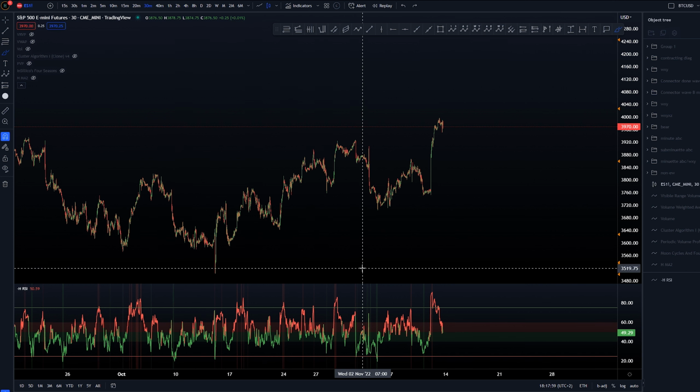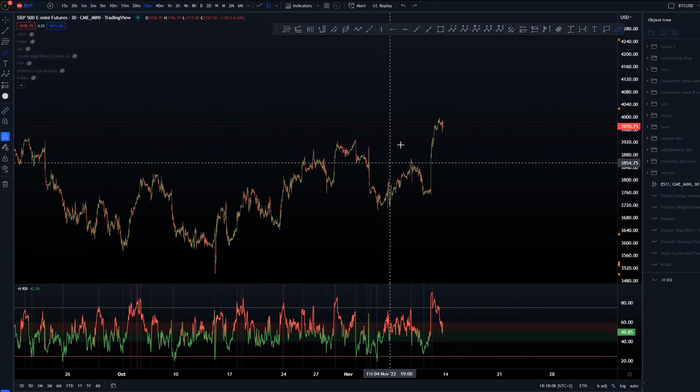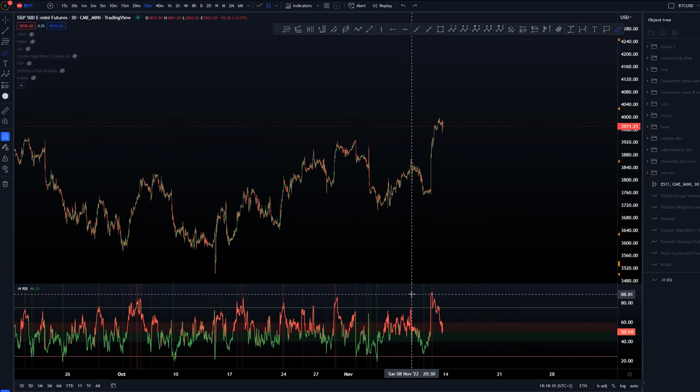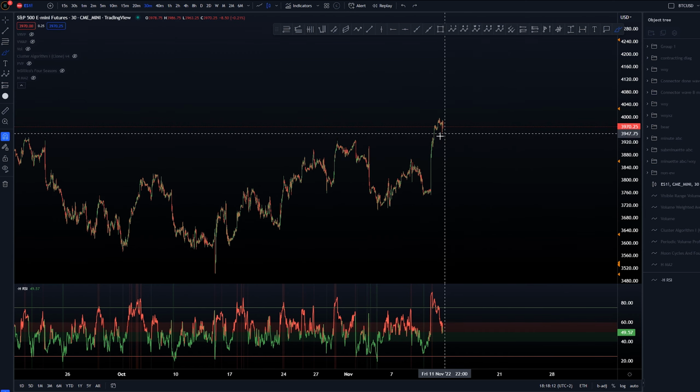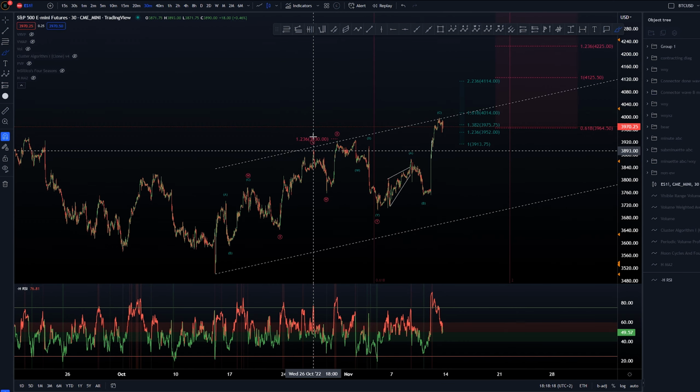And that is making me really confused about this count. That generally doesn't happen. And that is making all of these assumptions about RSI and Elliott Wave together a bit fuzzy. So yeah, I don't have the best confidence on either of the counts at the moment.